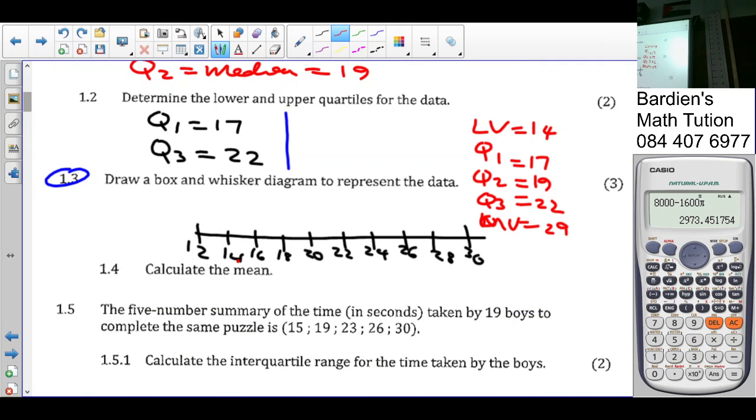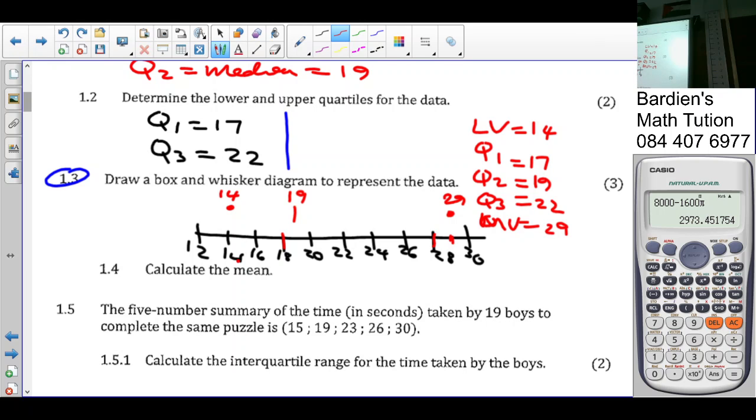Okay? So 14 gets a dot, and 29. As you can see, 28 is there, 29 has to be in the middle. Quartile 2 gets a stroke at 19, so there's 18, 19 is midway.